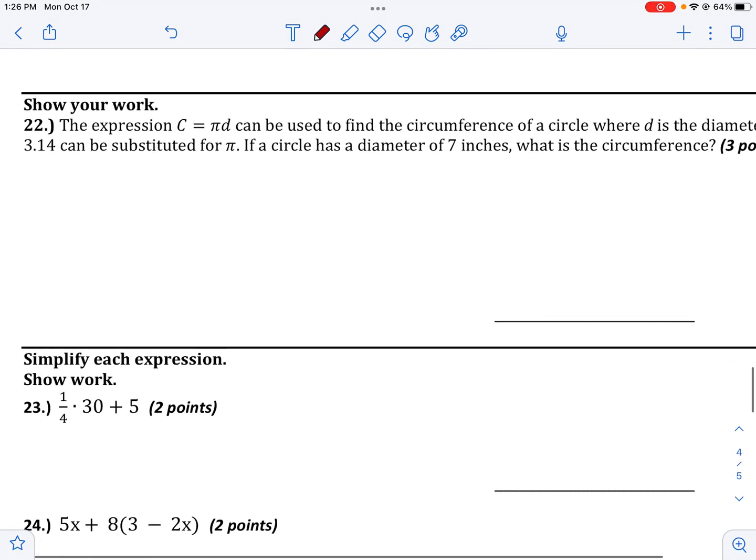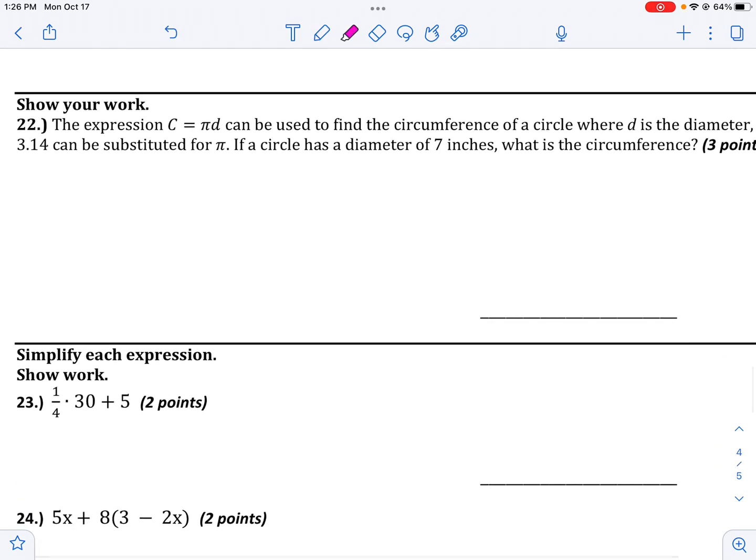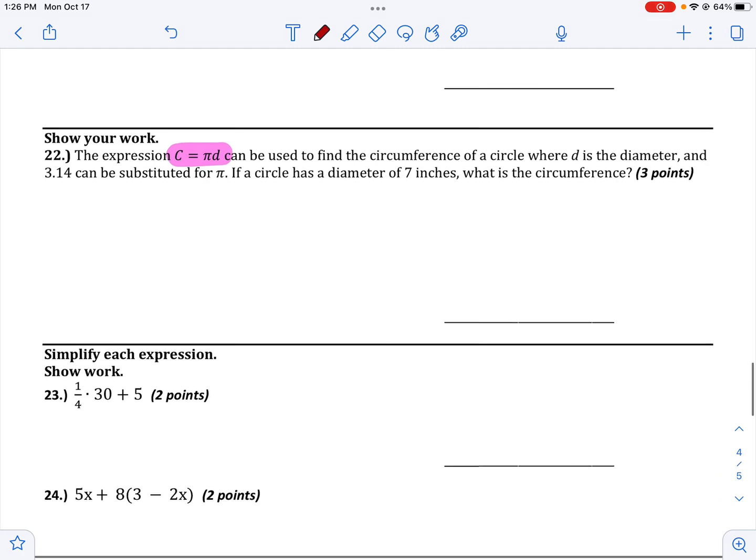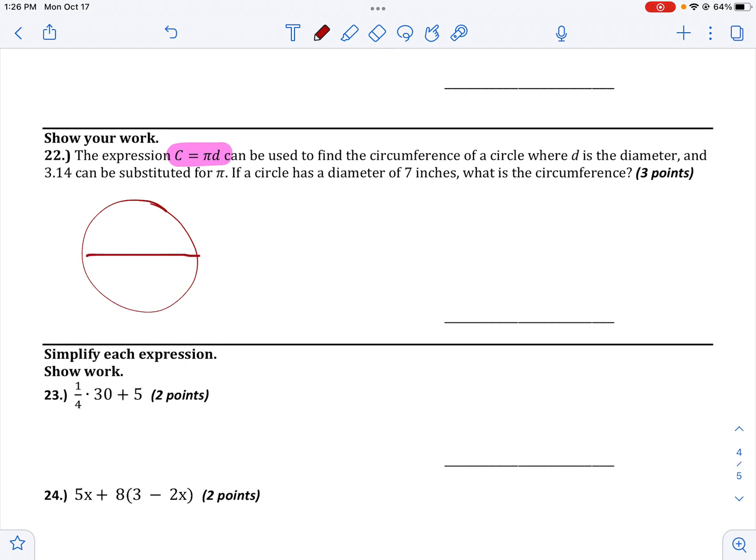All right, 22, the expression c equals pi times d can be used to find the circumference of a circle where d is the diameter and 3.14 can be substituted for pi. If a circle has a diameter of 7 inches, what is the circumference? So here's my circle, and my diameter is the entire way across, and that's 7 inches.